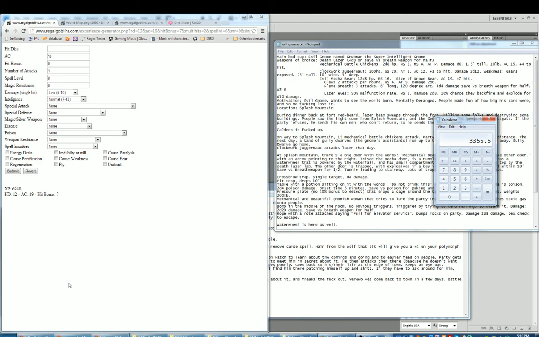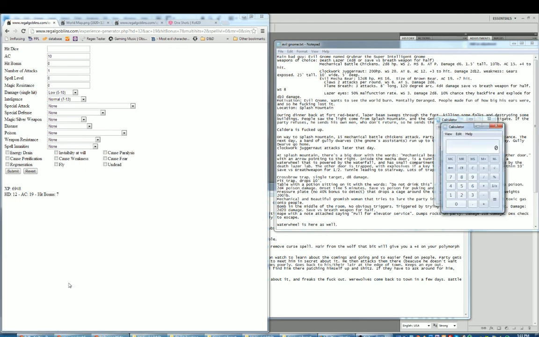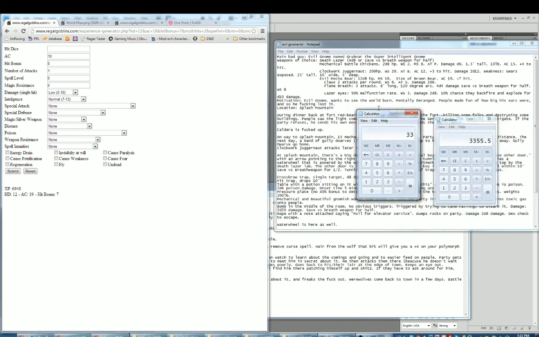Oh, we need a pencil and an eraser. So, TR is 3355 plus 26219. So that's not actually a lot.